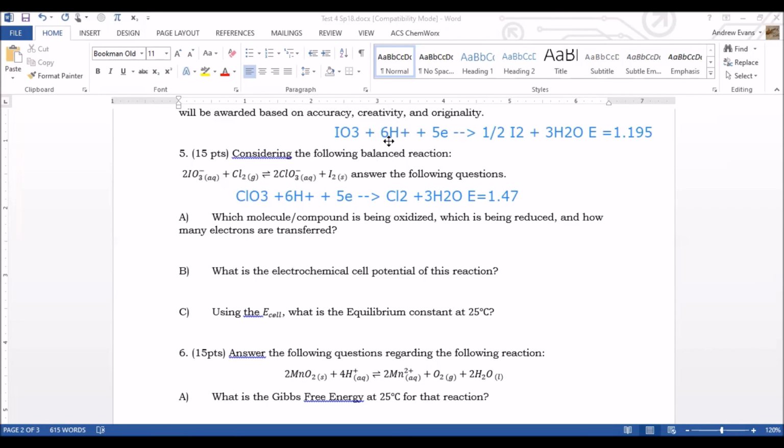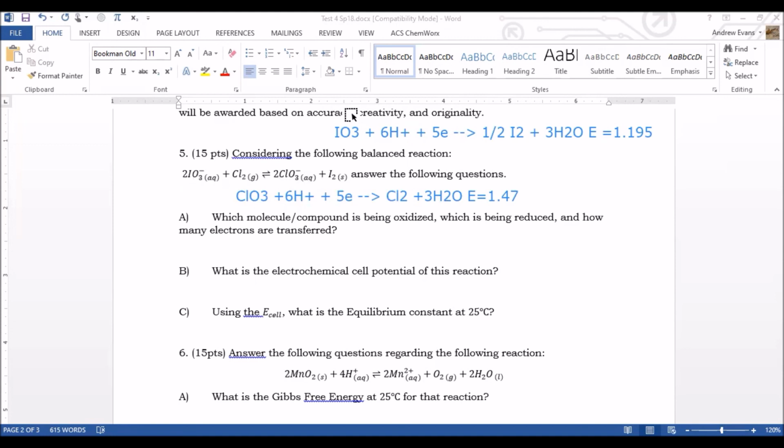Iodate going to iodine is thus the reduction. Now the chlorate to chlorine is opposite from what it appears on the table. So if chlorate is not going to chlorine, but chlorine is going to chlorate, chlorine is being oxidized.